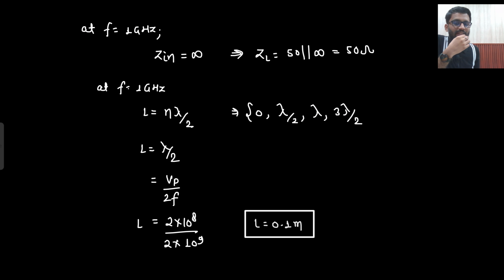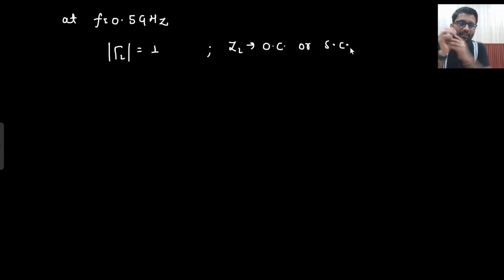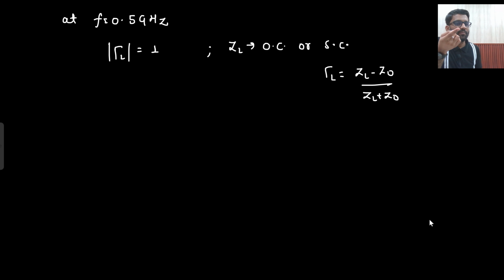Right? What does that mean? If mode of gamma is equal to 1, then ZL can be either open circuited or short circuited. Because what is gamma? Gamma L is ZL minus Z naught upon ZL plus Z naught. So if ZL is 0, then gamma L will be minus 1, then mode of gamma L will be 1.